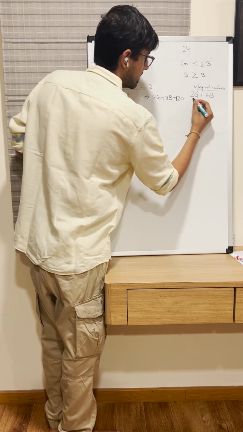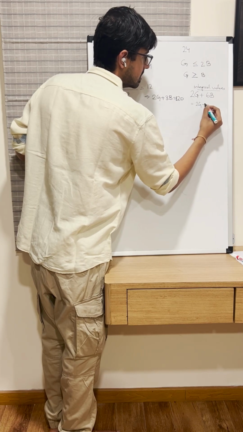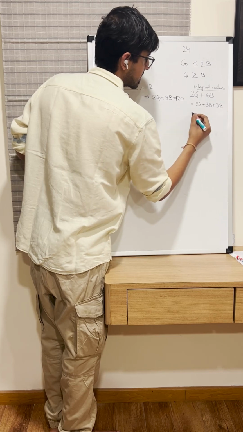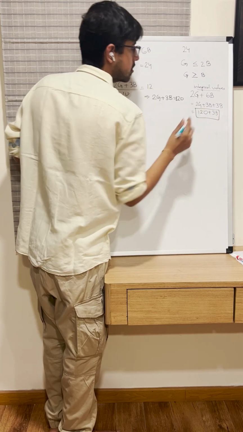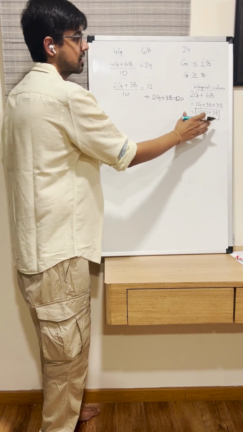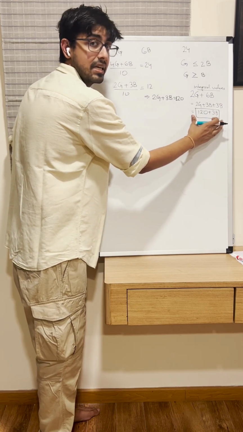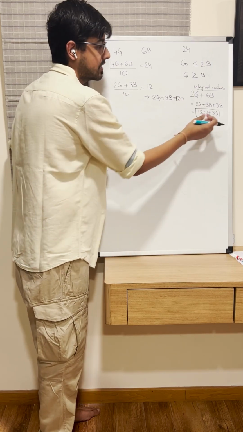Alright, let's place this on the side. We have to find 2G plus 6B. This can be written as 2G plus 3B plus 3B, which can be written as 120 plus 3B. So, in essence, the question boils down to finding the number of integral solutions of this. Please pay attention that 120 is already an integer.